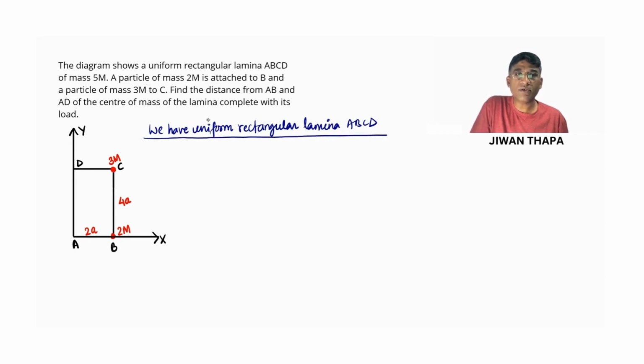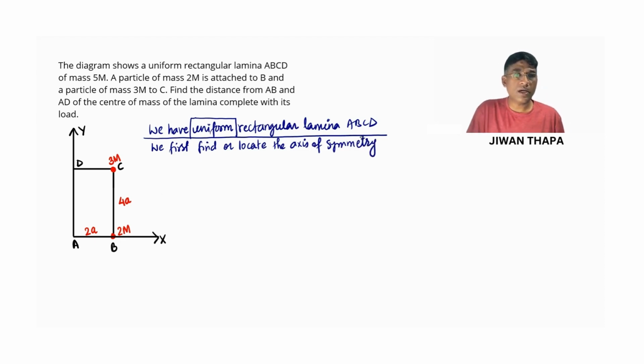So for this uniform rectangular lamina, we first find or locate the axis of symmetry.